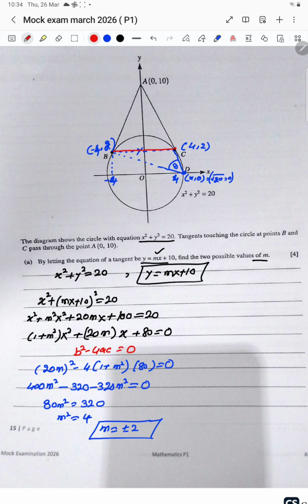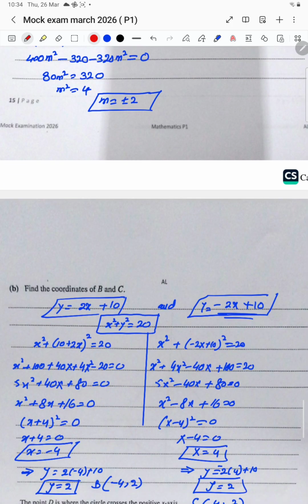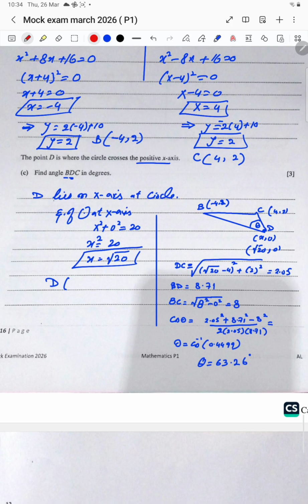This is C, this is B, and this is D. So we have to calculate this angle, the angle theta BDC we are looking for.